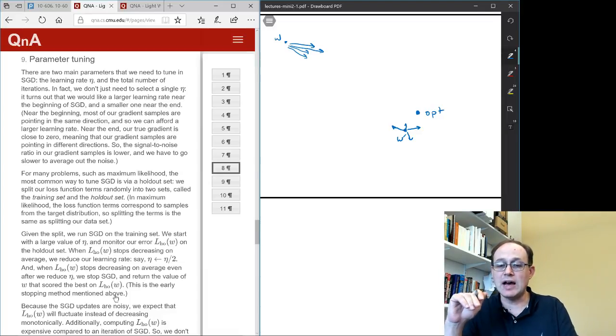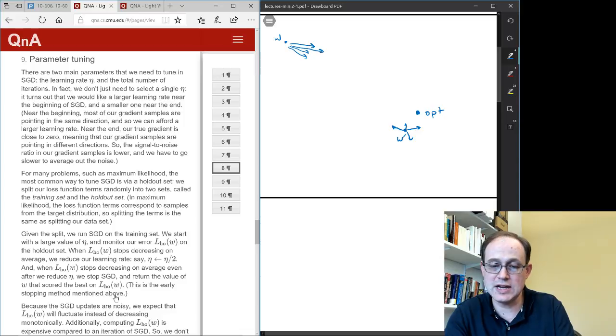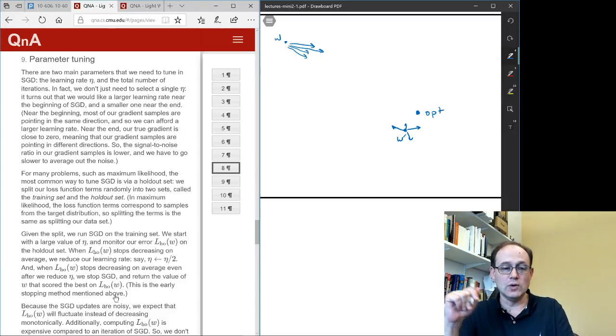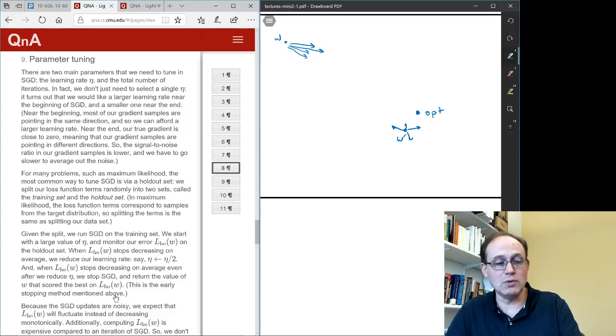But the samples could have a lot more spread relative to a small gradient. You can see here that the spread is about the same as the spread here, but the actual magnitude of the gradient is much smaller. And so when we're near the optimum, we effectively have to go slower in order to average out the noise.